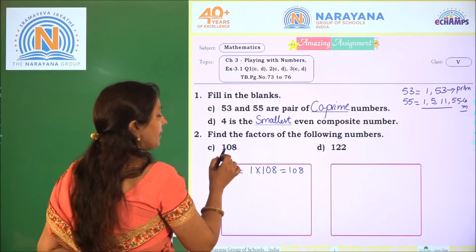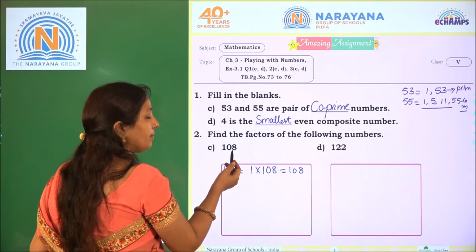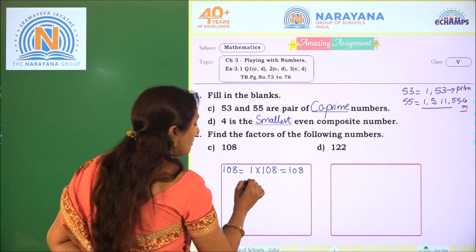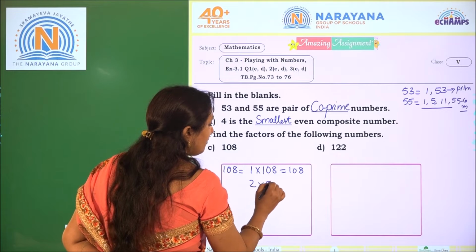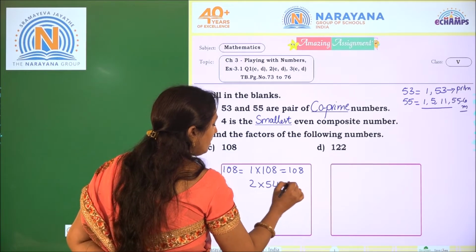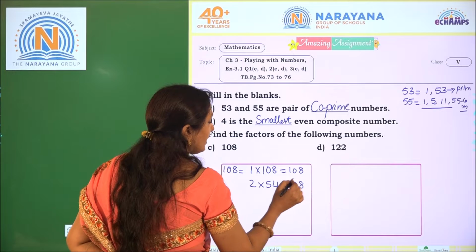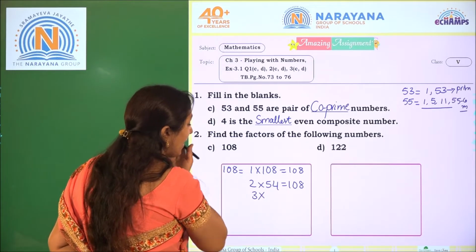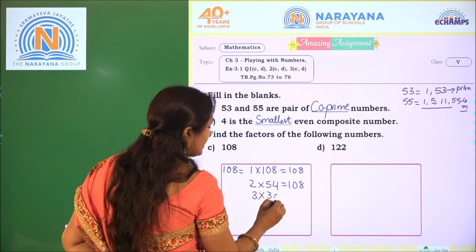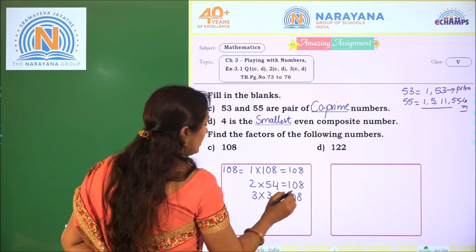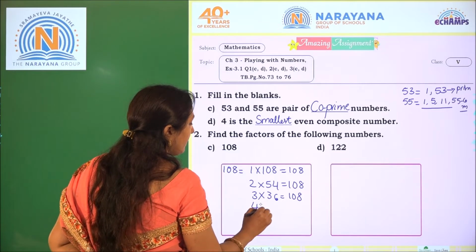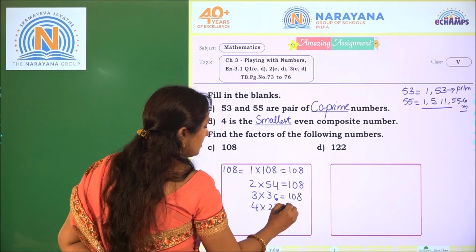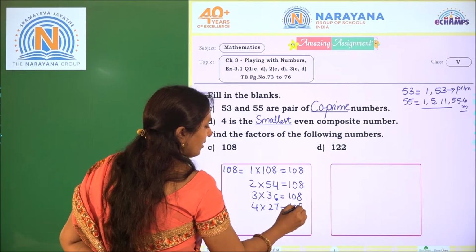Now the 2 table, because 108 is an even number: 54 2s are 108. Coming to 3, 3 also divides, 36 3s are 108. Now 4 also divides: 27 4s are 108.